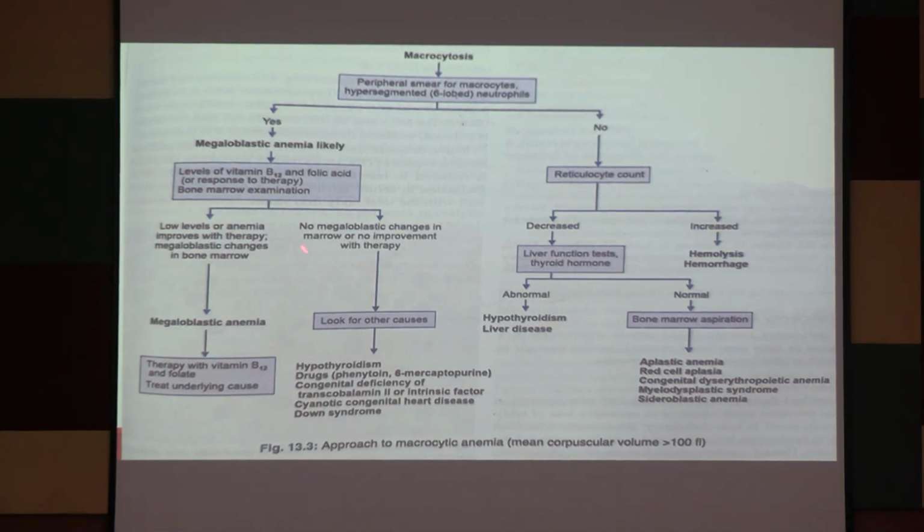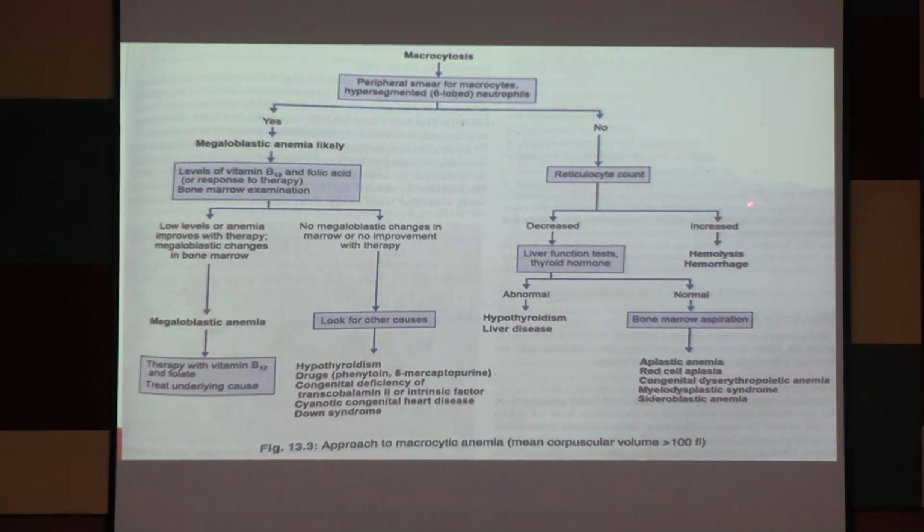Okay. If there is no megaloblastic change, we will have to find out other causes of macrocytosis like hypothyroidism, phenytoin or 6-mercaptopurine intake, congenital deficiency of transcobalamin 2 or intrinsic factor, cyanotic congenital heart diseases, Down syndrome. If we are not thinking about megaloblastic anemia, we will perform a reticulocyte count. Reticulocyte count decreased means we will test the liver function and thyroid hormone.